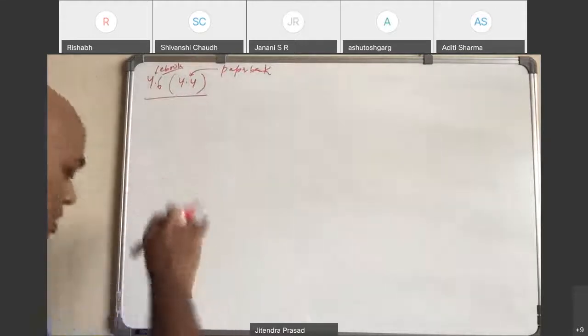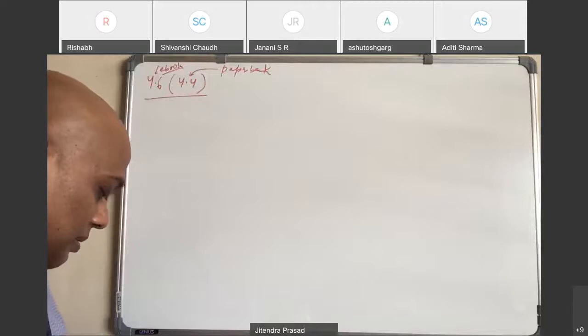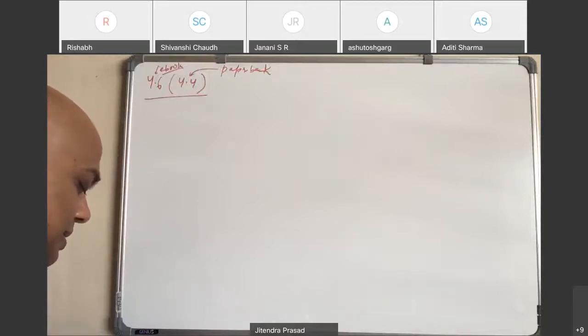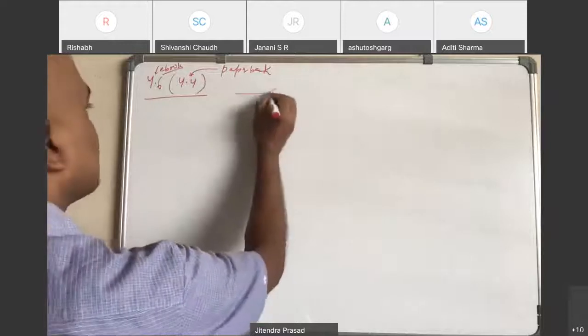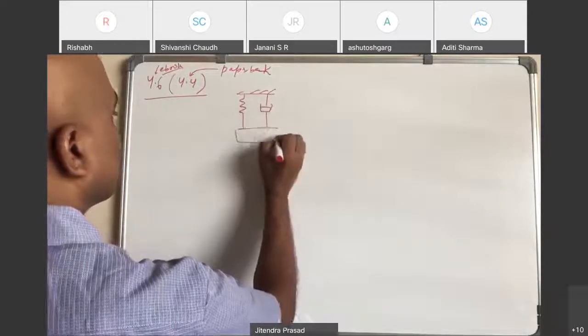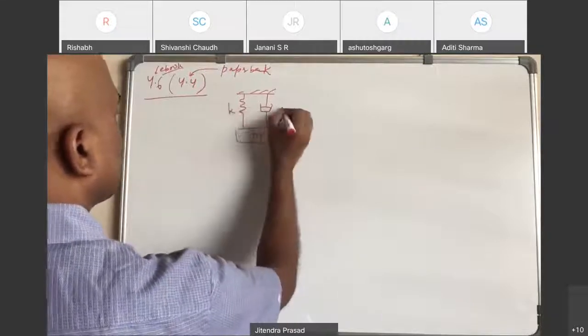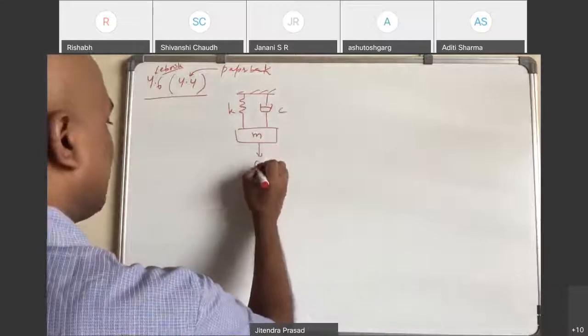This problem is revisiting the other problem. The only thing is the arbitrary force which is applied here, on a spring mass damper system. This is a spring, this is a damper, mass M, with K and C, and an arbitrary force being applied, which is Ft.